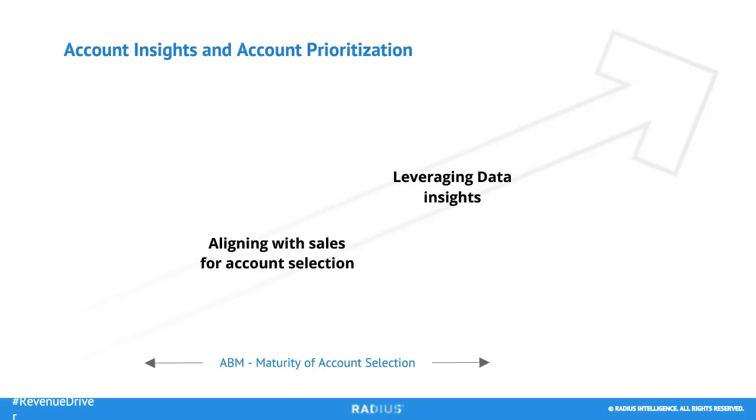I myself started out on the least mature part of the model when I first did account-based marketing, and I tell you, it's not fun and it's not very scalable. So this is where I became really passionate about Predictive and the value it can bring to the account selection process, not only a more scalable approach, but a lot more effective approach to my account selection process.